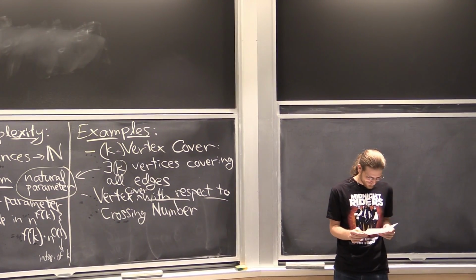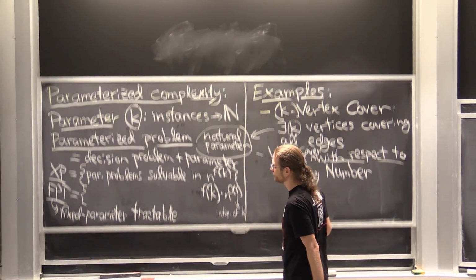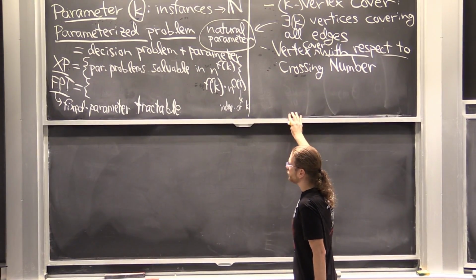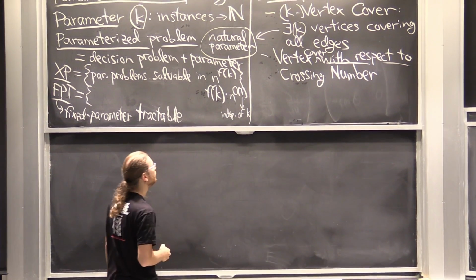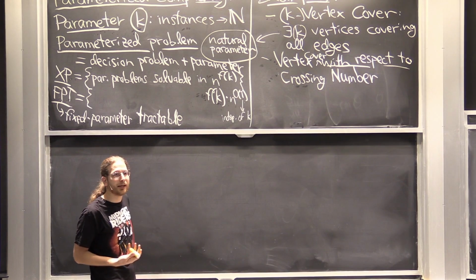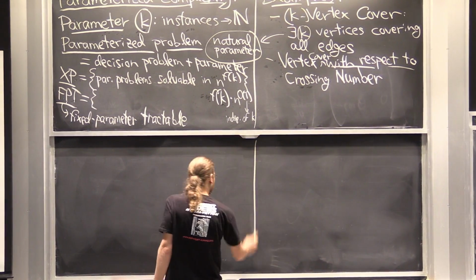Good question. All right. One other good thing to know. You might wonder why f of k times polynomial in n. Maybe I could hope for better, like f of k plus polynomial in n. That actually is the same class.